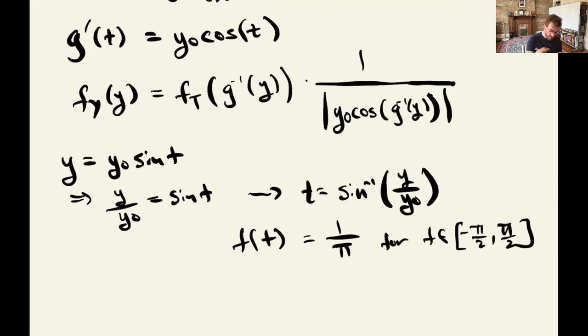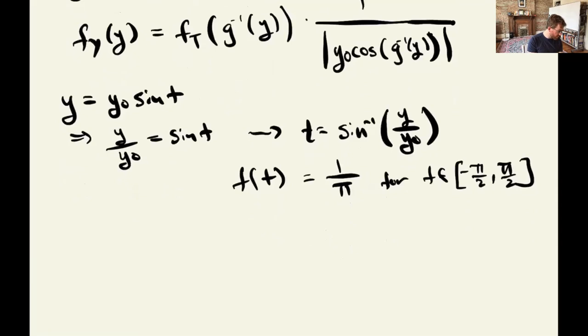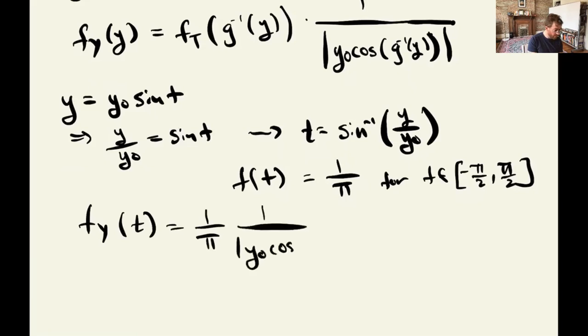But now we need to figure out this derivative as a function of y. So just to write it down, what do we know so far? We know f of y of t is 1 over y naught cosine t.